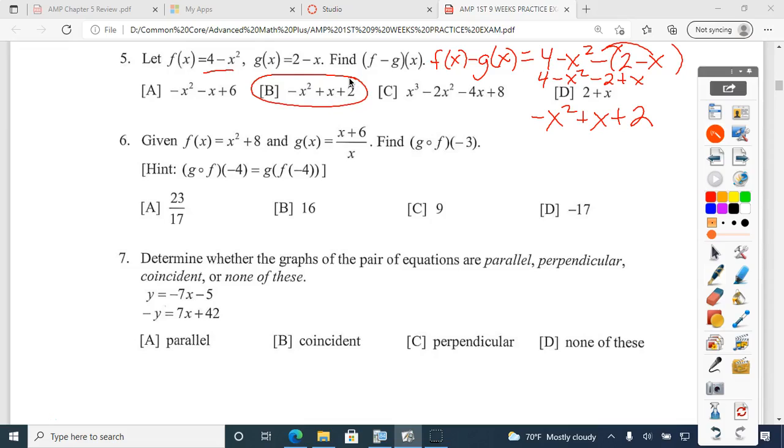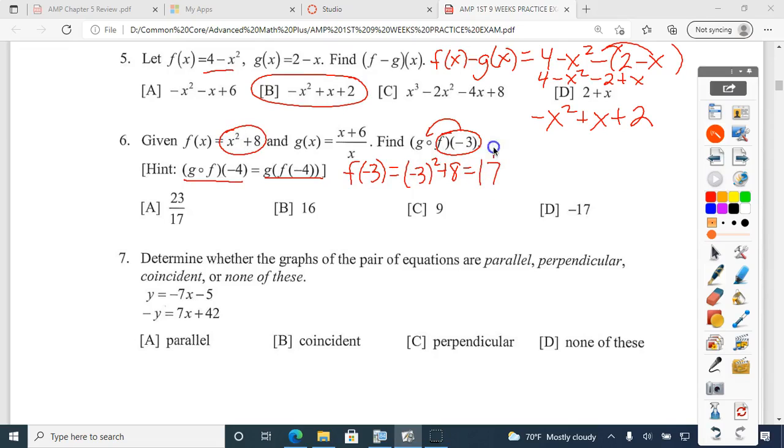Here, g of f of negative 3, it tells you what this means right here. This just means we're going to find f of negative 3 first, and then plug that answer in for g. So f of negative 3 would equal, here's f of x right here, negative 3 squared plus 8 would be 17.